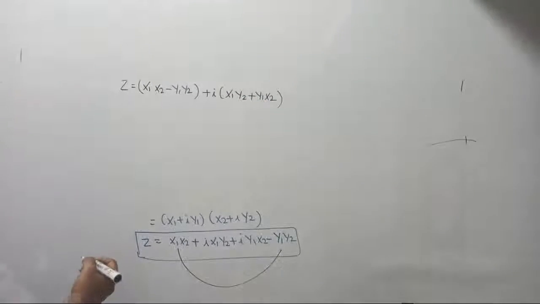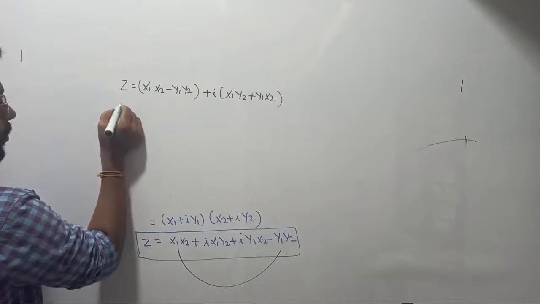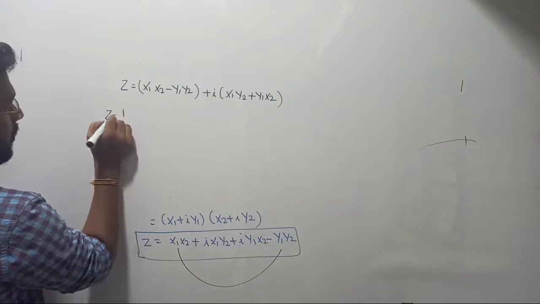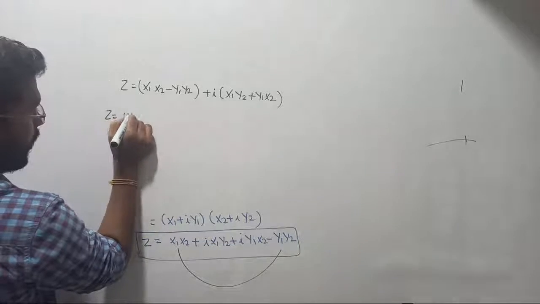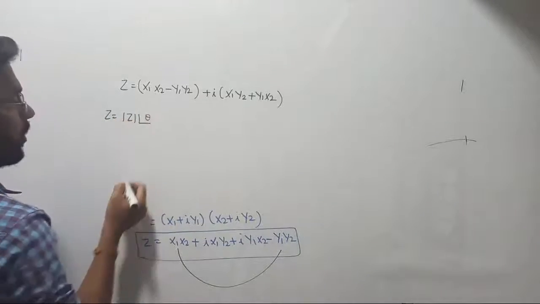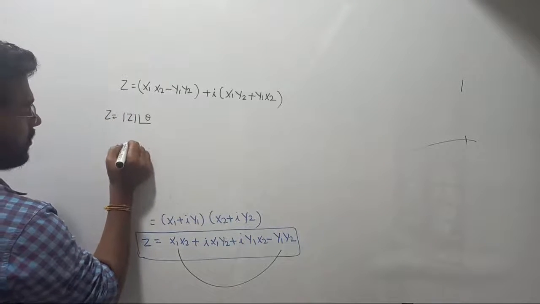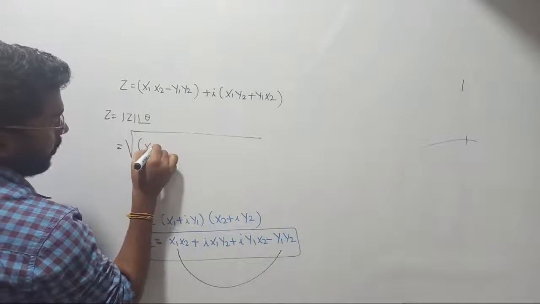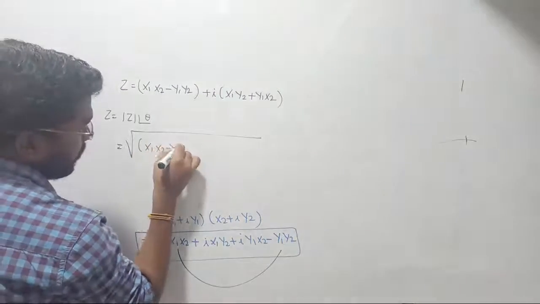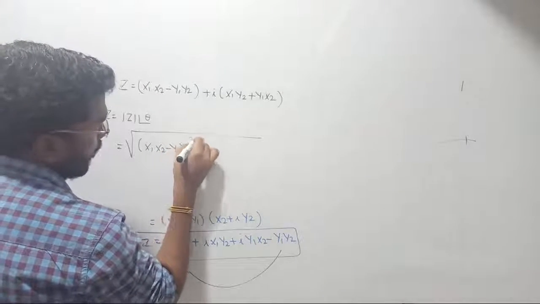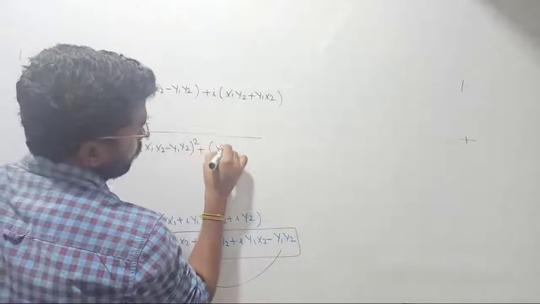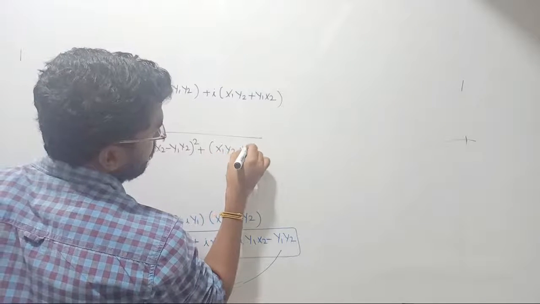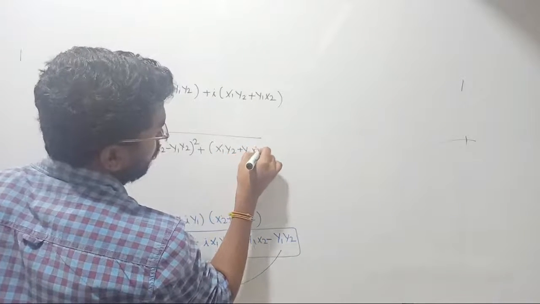Now how will you find out the polar domain value? It can also be written in polar coordinates as mod z at an angle of theta. Mod z can be considered as the square root of the real part squared, x1 x2 minus y1 y2 whole square, plus x1 y2 plus y1 x2 whole square.